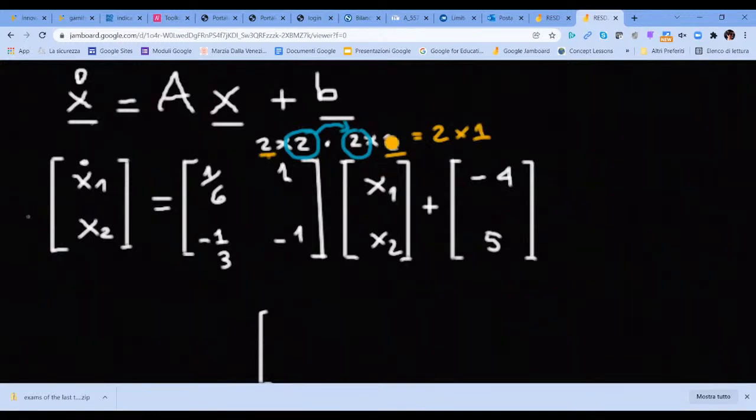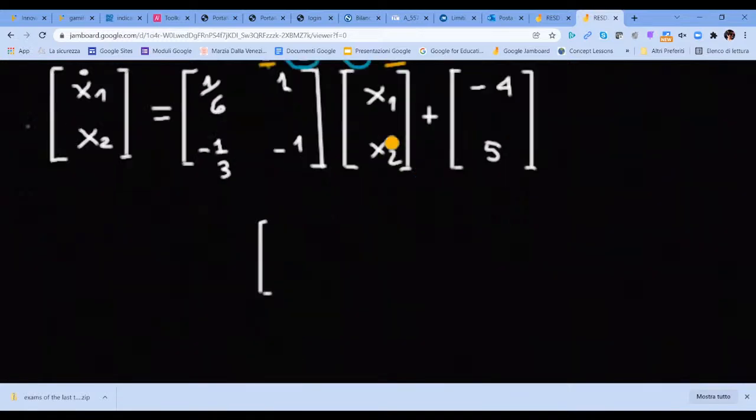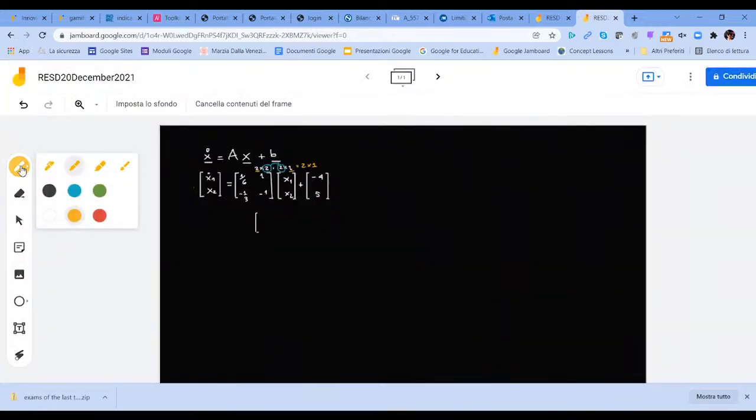Okay, every time you have two matrices, you should remember that the new order of the matrix is given by the number of the rows of the first one times the number of the columns of the second one. Okay, so first of all, we find, I'm sorry, I didn't write the result.